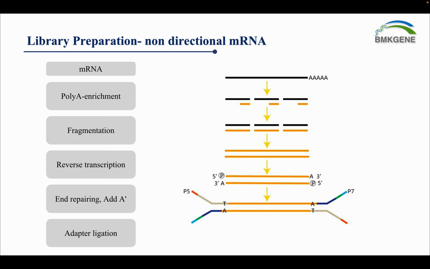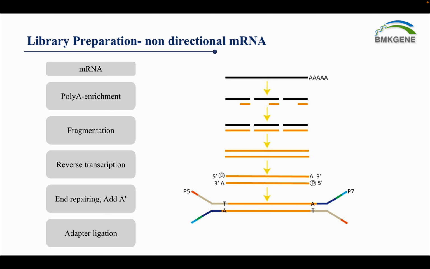And mRNA sequencing could be divided into non-directional mRNA and directional mRNA according to different library preparation methods. For the non-directional mRNA, because the adapters we added to both ends of double-stranded cDNA were symmetric, it was impossible to judge whether the detected reads were from the positive or negative strand after sequencing of the obtained library.